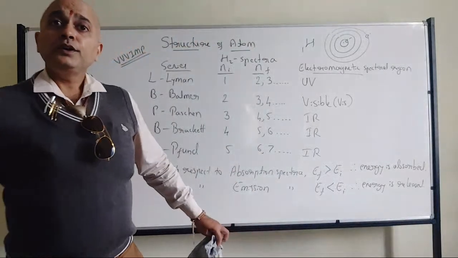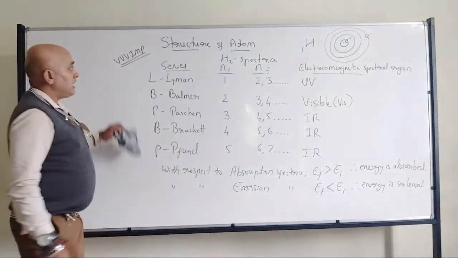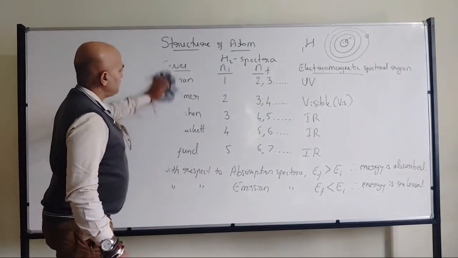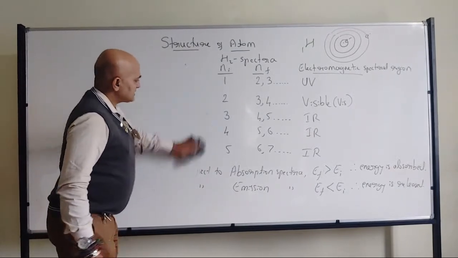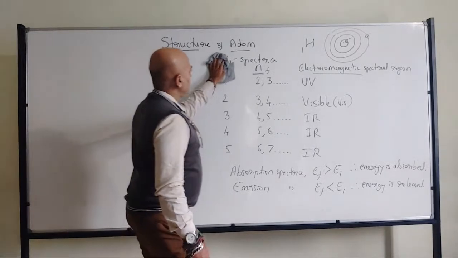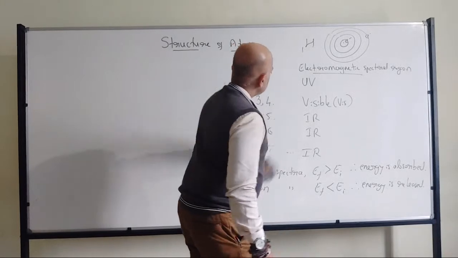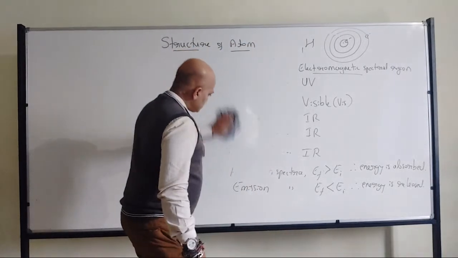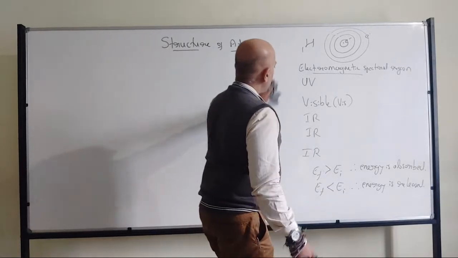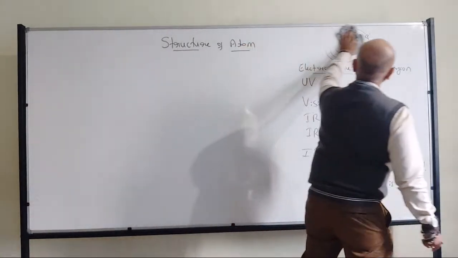Today you can practice hydrogen spectra from your NCERT textbook. Whatever I have given, I am following the NCERT book exactly. I don't think I am deviating from that. You can go through that textbook once again, practice, and come back on Monday. If you have any doubts, let me know.